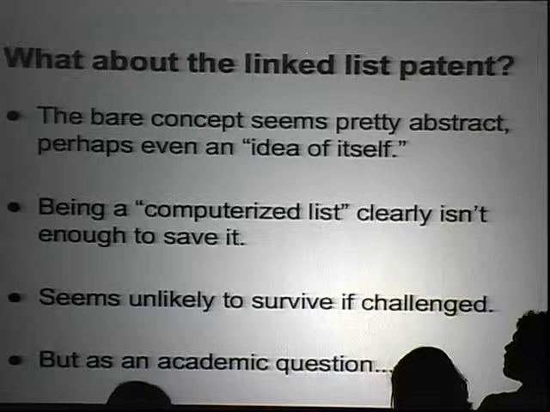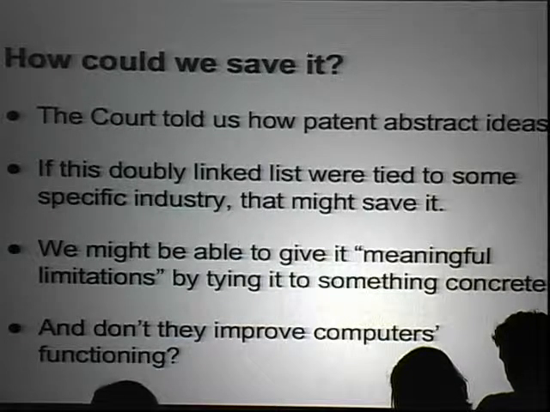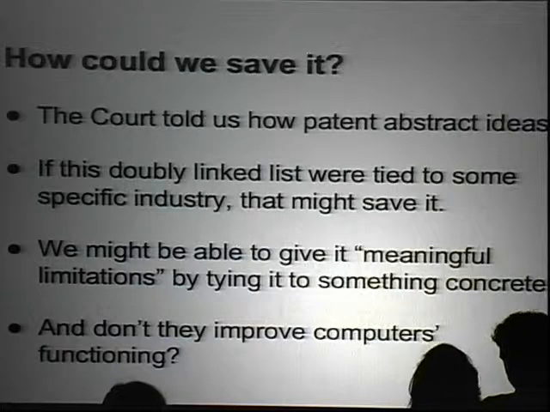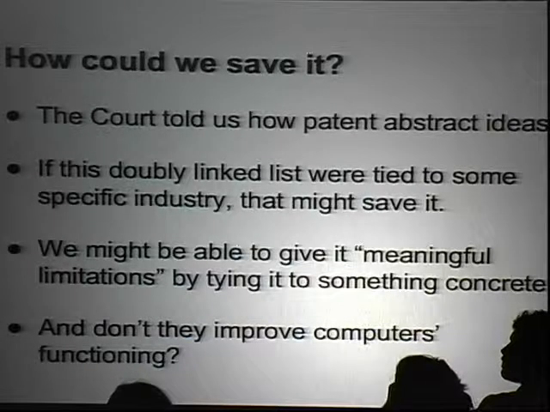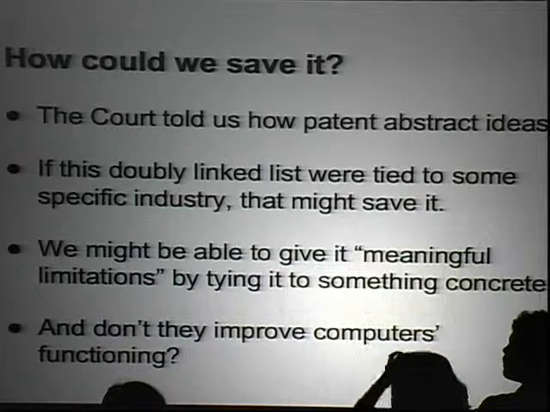But as an academic question, if we wanted to save that doubly linked list patent, if we had come up with our own brand new doubly linked list, since apparently those having happened before doesn't bar patenting them, how would we do that? Putting yourselves in my shoes for a moment, the court gave us a couple of different ways of getting around the fact that you've just got an abstract idea.